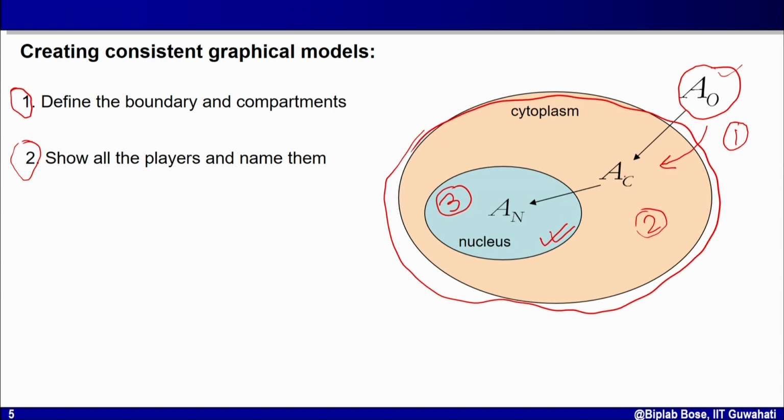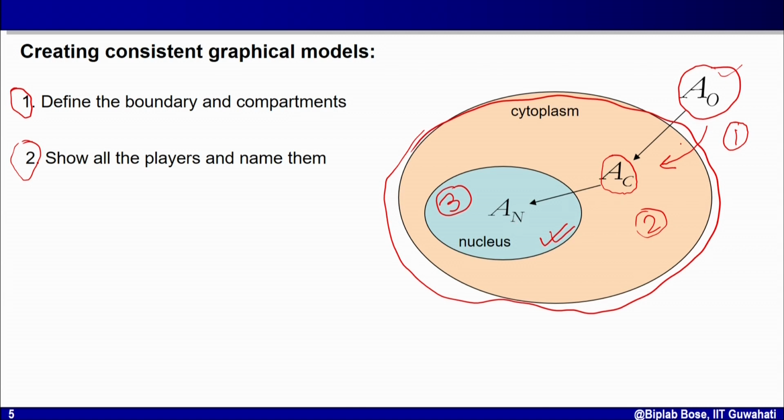It enters, I have marked that same molecule when it is in cytoplasm as AC, to remind you that this is the A molecule, but it is present in cytoplasm. The same molecule, when it enters into the nucleus, I am marking that as AN, representing that it is the A molecule in the nucleus.